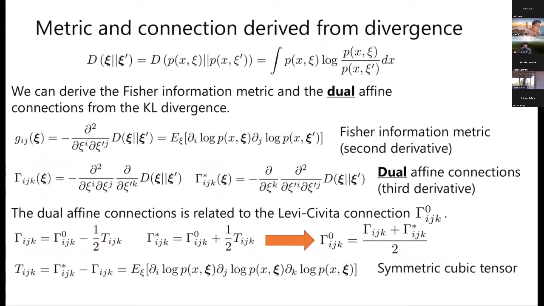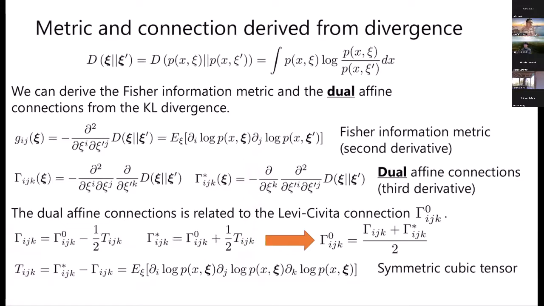And also these dual affine connections are related by the so-called symmetric cubic tensor, which is simply expressed by the triple product of the derivatives of log p. That's sort of similar to the Fisher information metric, right?